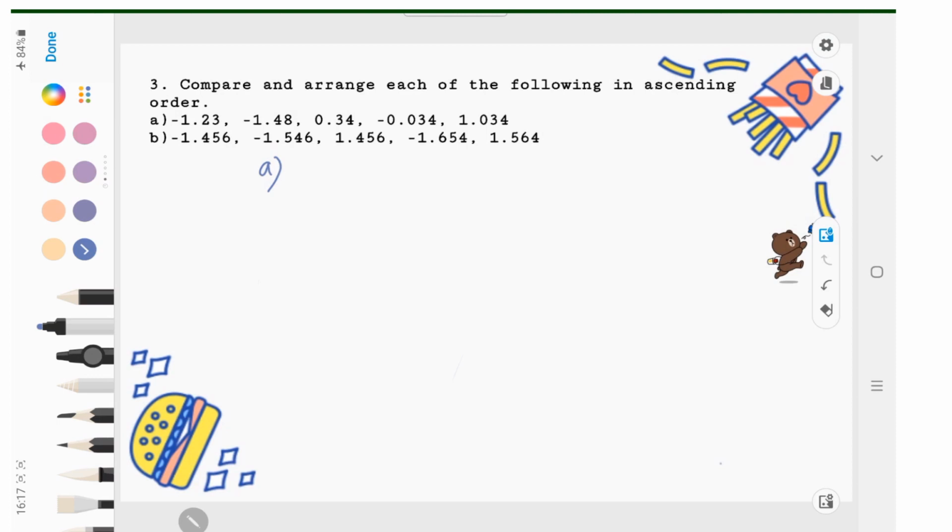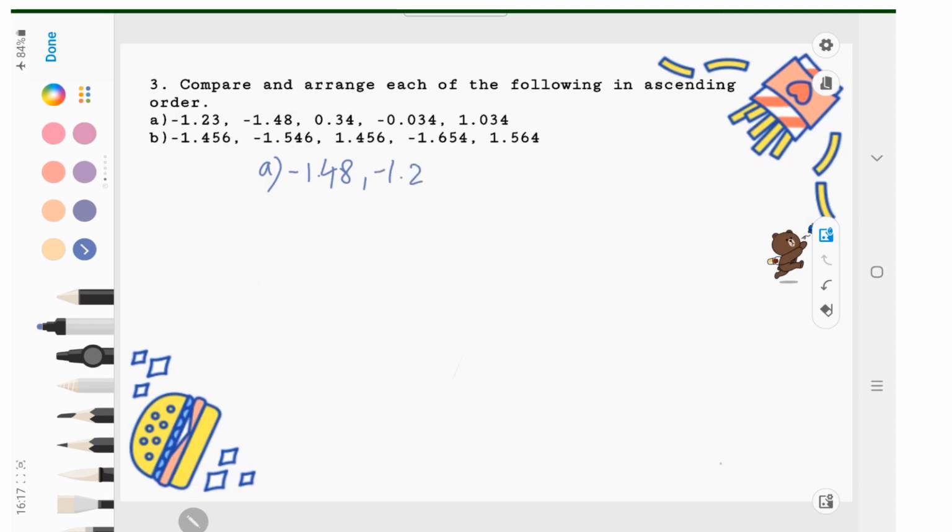3. Compare and arrange each of the following in ascending order. A. Negative 1.23, negative 1.48, 0.34, negative 0.034, and 1.034. So let's find the smallest decimal, which is negative 1.48, followed by negative 1.23, negative 0.034.